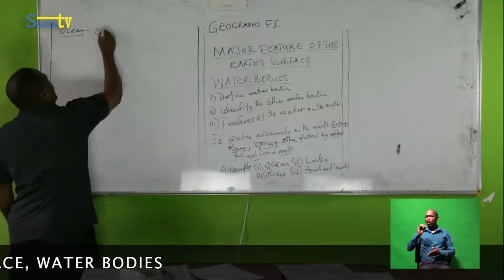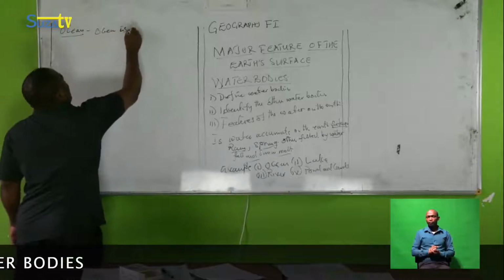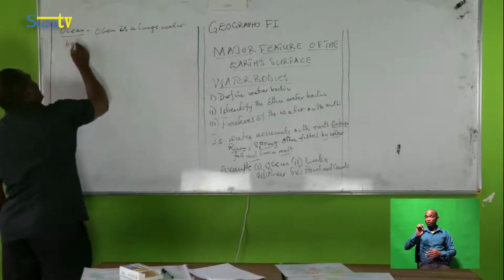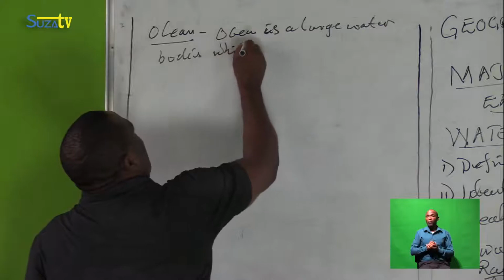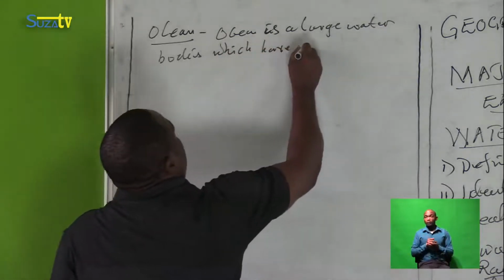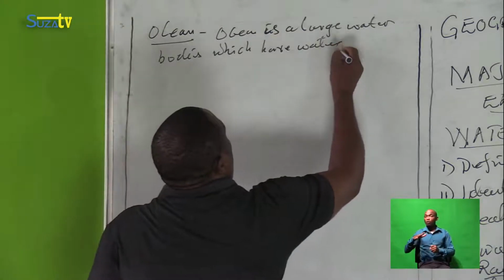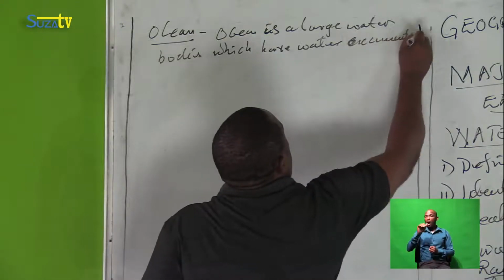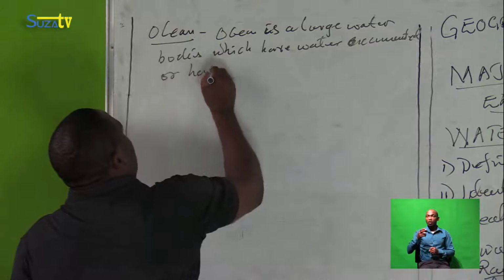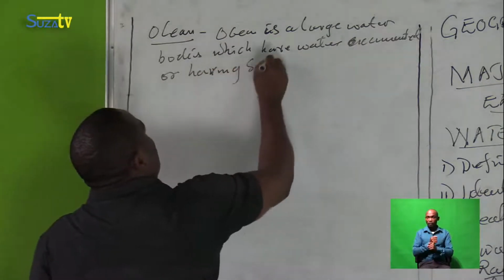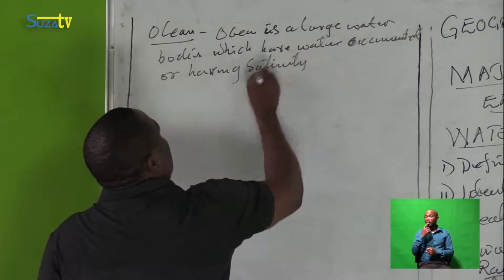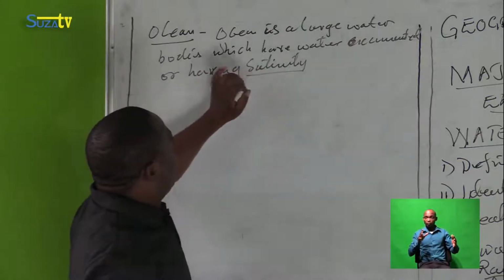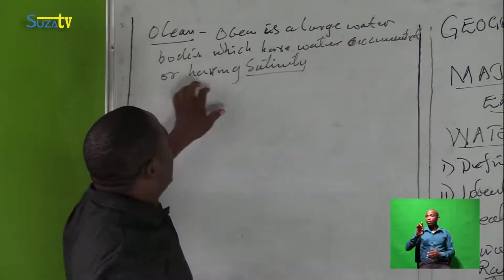An ocean is a large water body which has accumulated water having salinity.